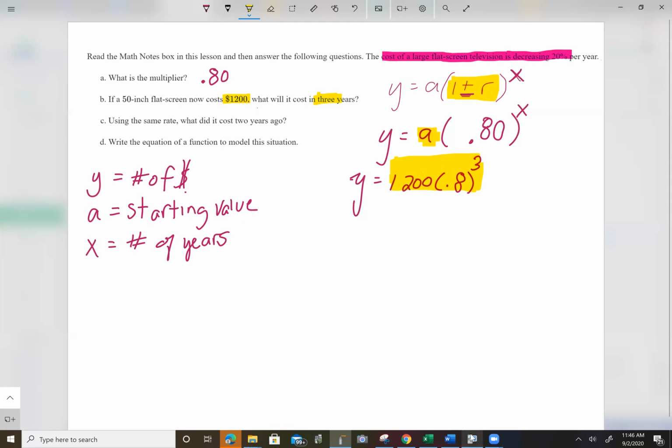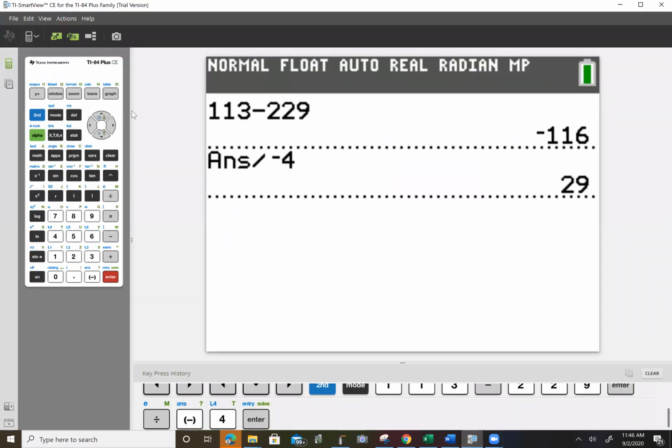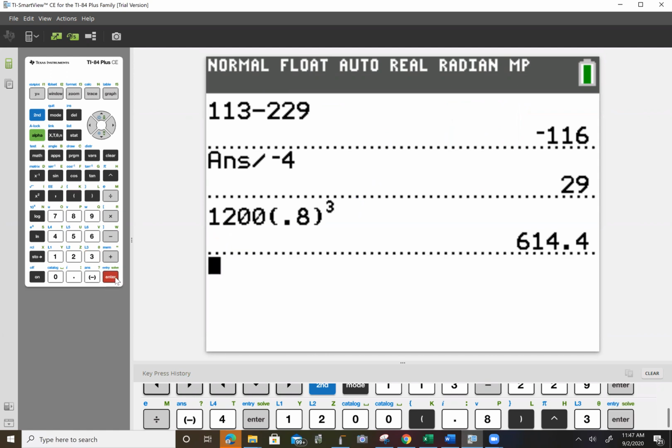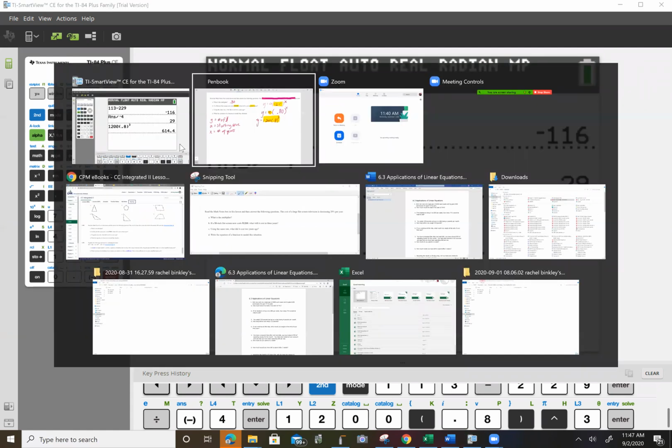But you can type it into the calculator as 1200, parenthesis 0.8 parenthesis, to the power, and it's that caret, to the power of 3 years. Enter. So in 3 years, it is going to cost only $614.40.